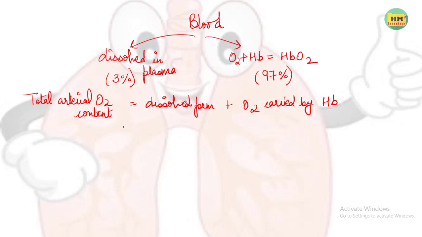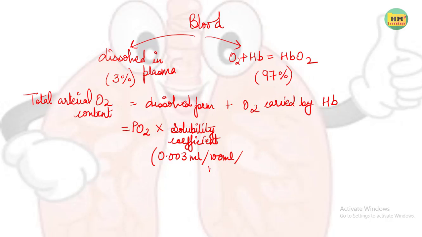It will be the partial pressure of oxygen multiplied by the solubility coefficient of oxygen. The solubility coefficient of oxygen remains the same, it is a constant value of about 0.003 ml per 100 ml of blood per mmHg.